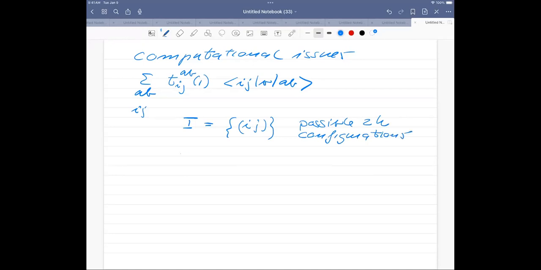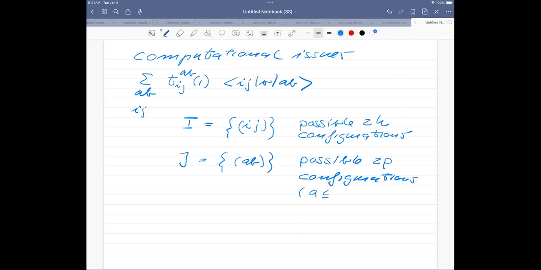So I could set up all these possibilities in terms of a table. And then I could define a new label, which is now a two-particle configuration. So since I said that we had 90 particle states, and if I don't take any considerations of the symmetries, because typically when you set up these configurations, since these are fermions, you would always have A less than B when you set them up.